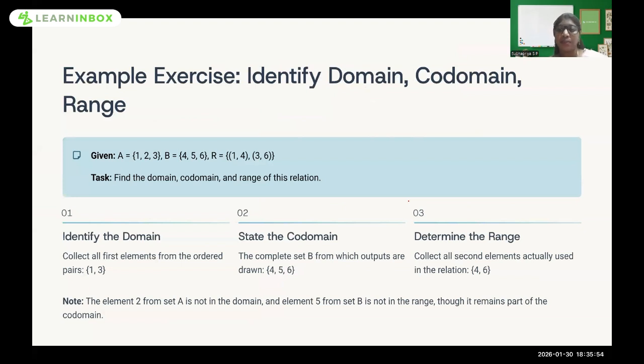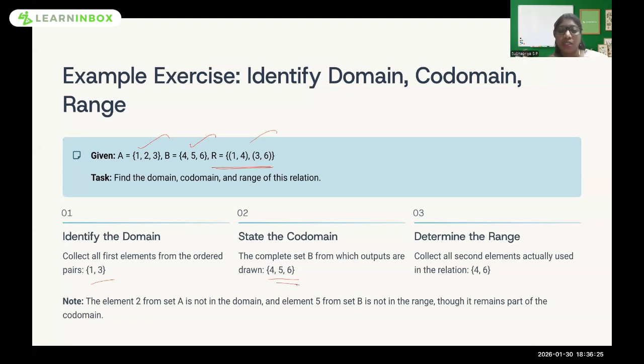Let's see some simple exercise in it. So here A, B, R, everything is given, we have to find domain, codomain, and range. Domain is all the first elements, right? So here I'm going to collect all the first elements of the ordered pairs, 1, 3. From the relation, I have to write. Then I have to go with the codomain, which is all the elements in B, so 4, 5, 6.